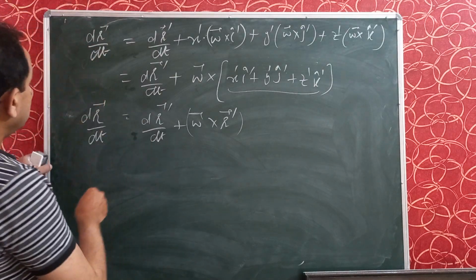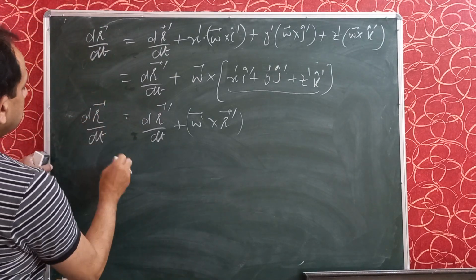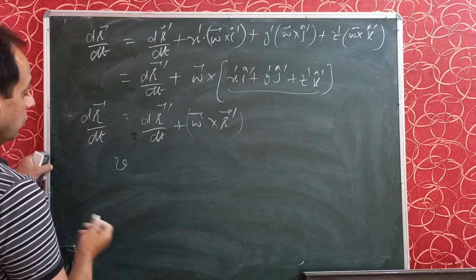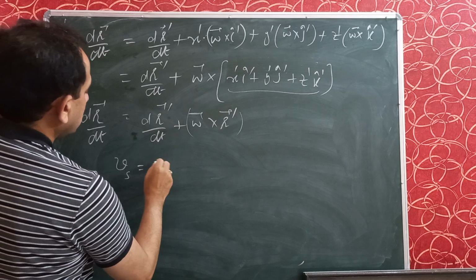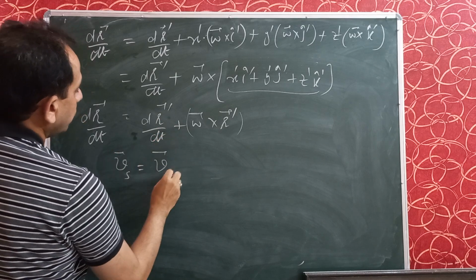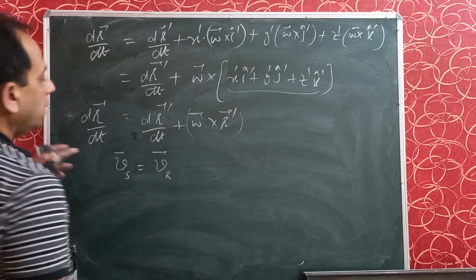Or we may write it as, this is velocity, dr by dt is the velocity in the stationary frame, S frame, and this is the velocity in the rotating frame, R frame or S dash frame.